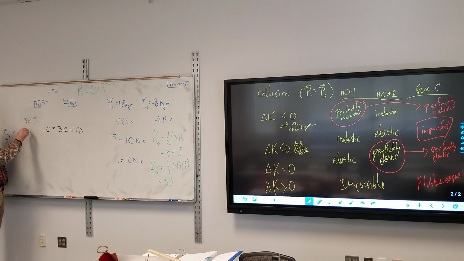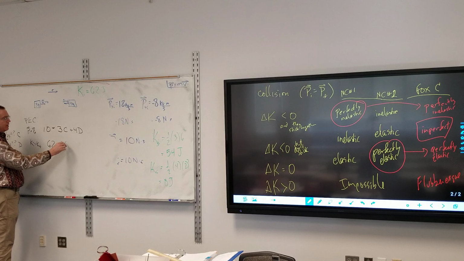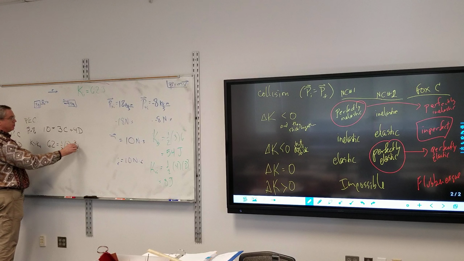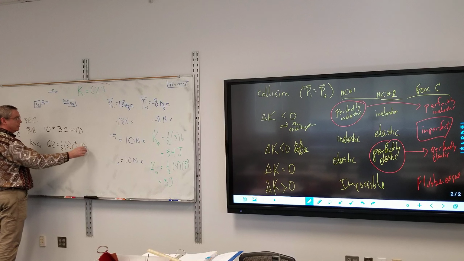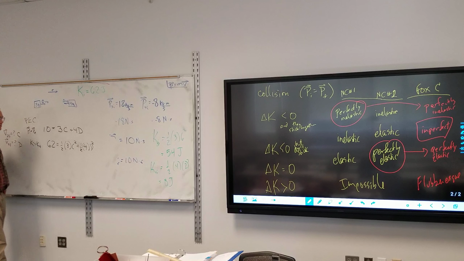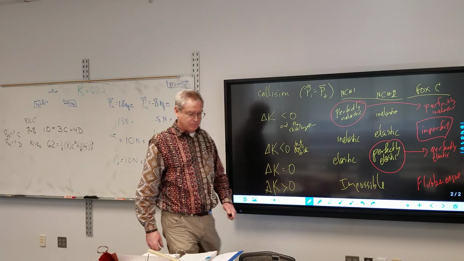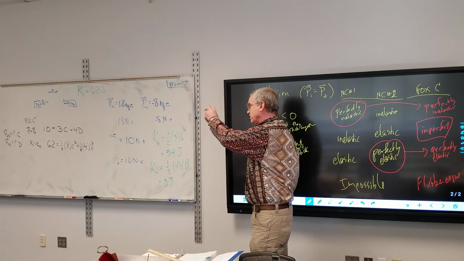For that, this is the momentum, P initial equals P final. And then K initial equals K final. That's going to give us 62 is equal to 1/2 times 3 times C squared plus 1/2 times 4 times D squared. Two equations, two unknowns. First off, questions about where these equations come from.